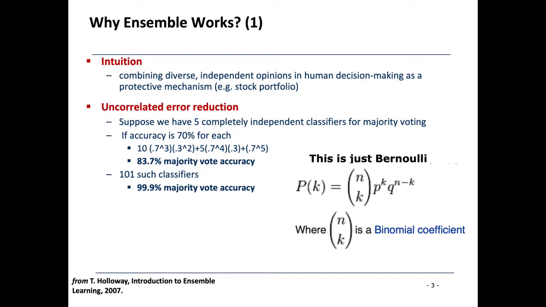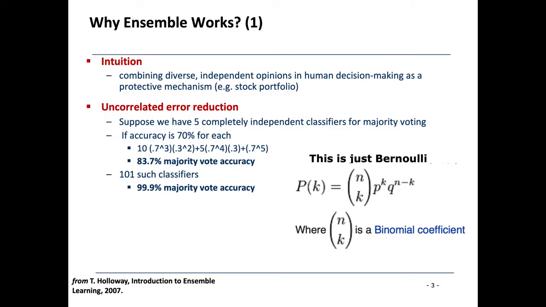That's equivalent to a Bernoulli trial, where, if we assume that each one is 70% accurate, we can calculate that by looking at the formula in the second sub-bullet. We're using n choose k, p to the power k, q to the power n minus k.